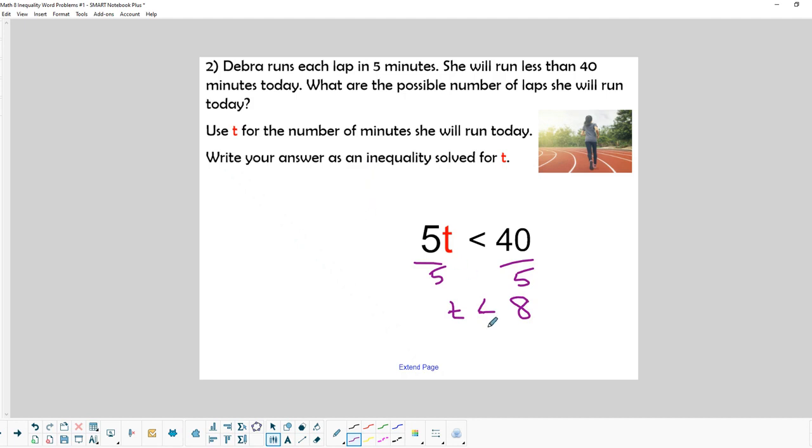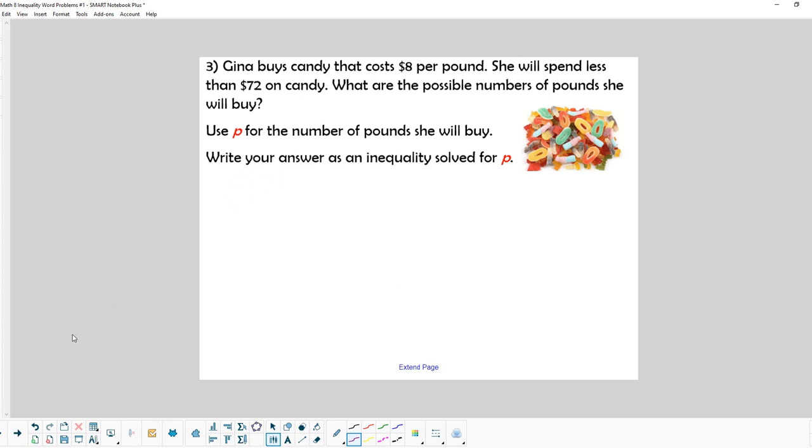This represents the number of laps she will run in the 40 minutes she has. So it's less than 8 laps, which on a normal track would be about 2 miles.